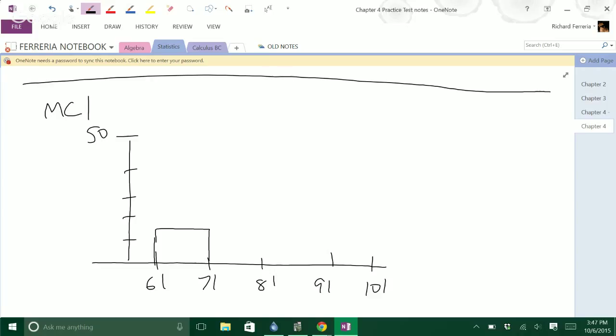Next one is from 71 to 80. That has a height of 42. Next one is 81 to 90, has a height of 31. And last one is 91 to 101, has a height of 11.